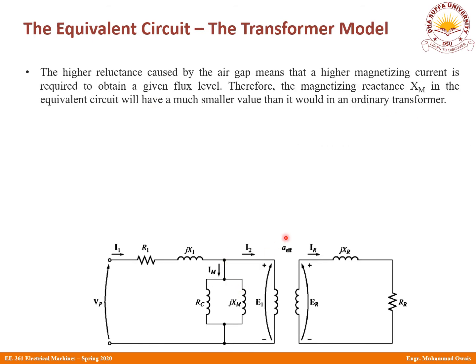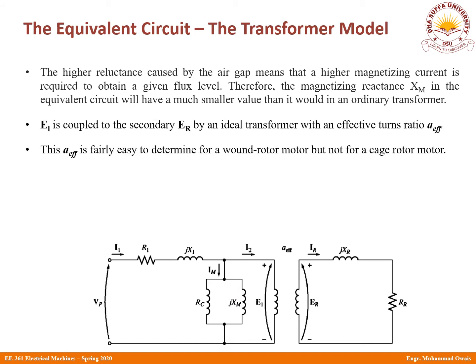So as discussed in the previous slide, we now need a relatively higher magnetization current in order to obtain the given flux level, which essentially means that this XM, the magnetizing reactance, will have a much smaller value than it would in an ordinary transformer, so that IM can actually increase. Apart from that, let's have a look at the two voltages. This is the voltage E1, the internal primary voltage at the stator side.